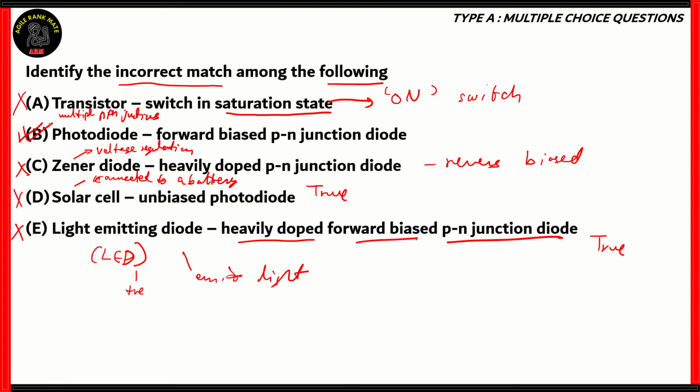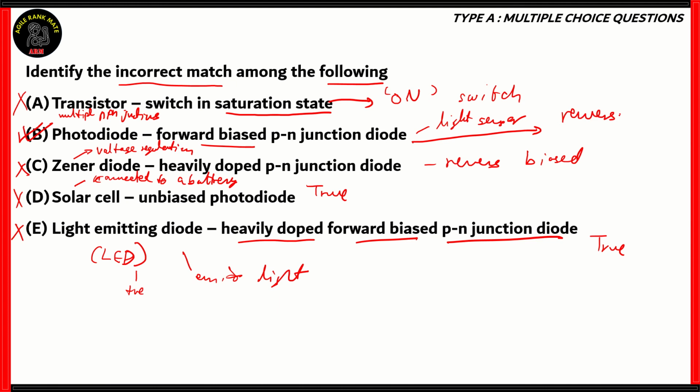The option that is correct among the following, the incorrect match, is option B. Photodiode is incorrectly matched with forward biased p-n junction diode. Now, a photodiode is used as a light sensor. So to be used as a light sensor, the light needs to hit the diode, and then that changes the bias, because the photodiode is placed in reverse bias.